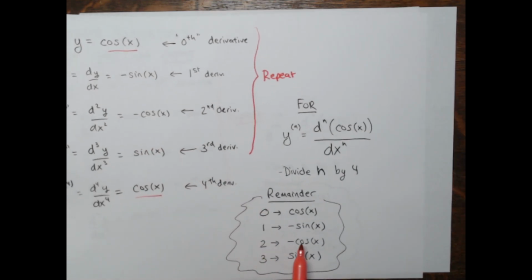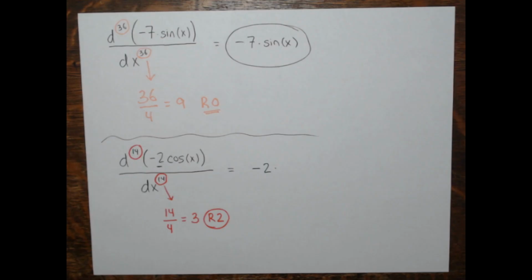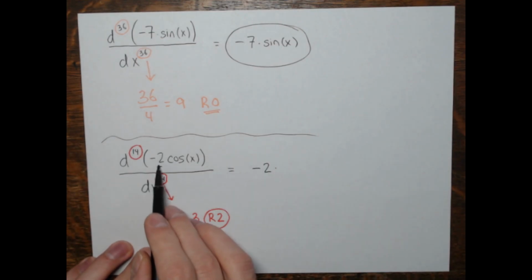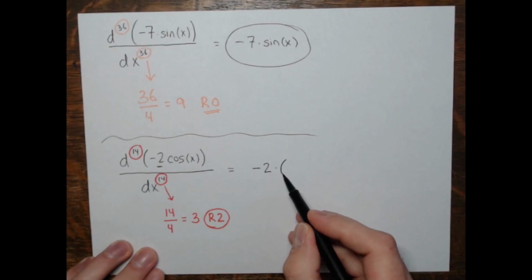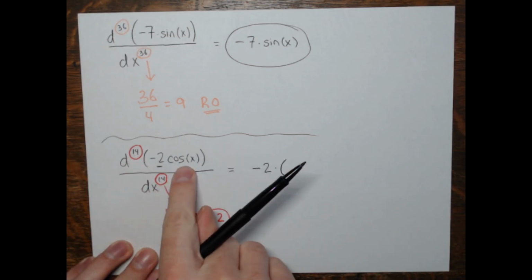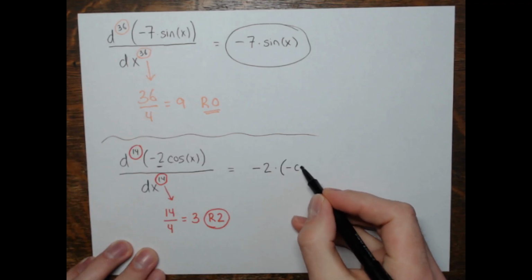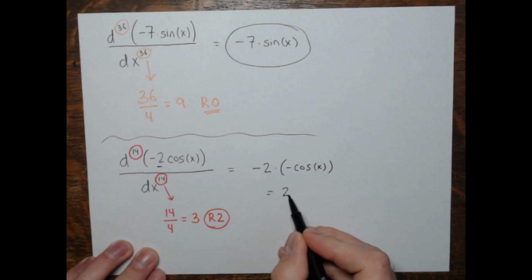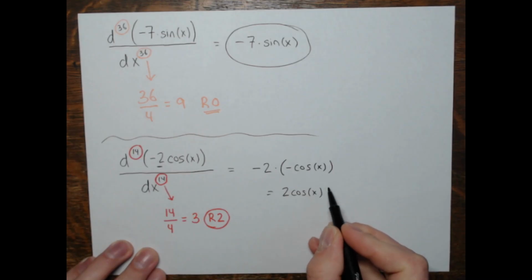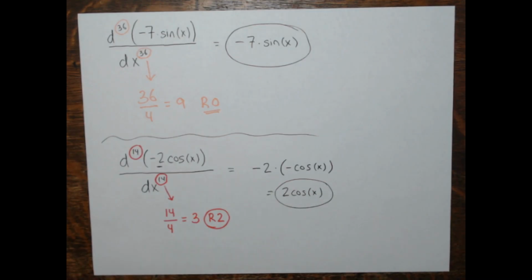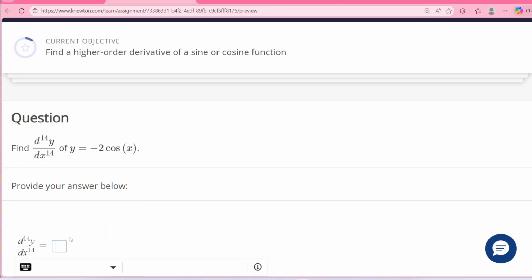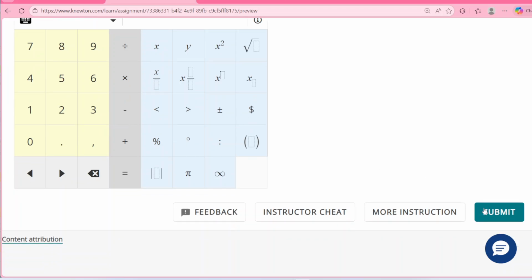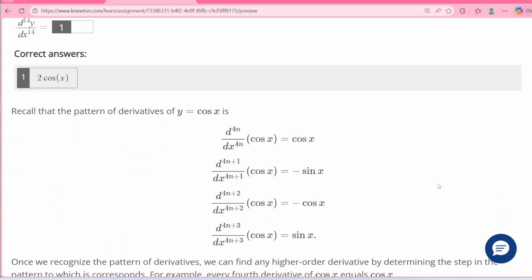If the remainder is 2, the result is negative cosine. So I have the coefficient -2 times negative cosine, and we end up with +2 cosine x. So that's what I'm typing: +2 times the cosine of x. All right, great.